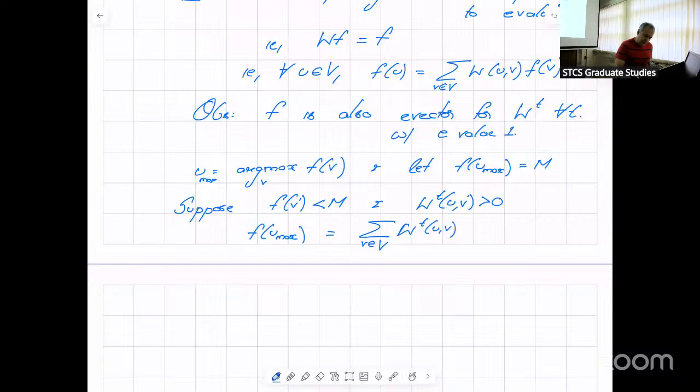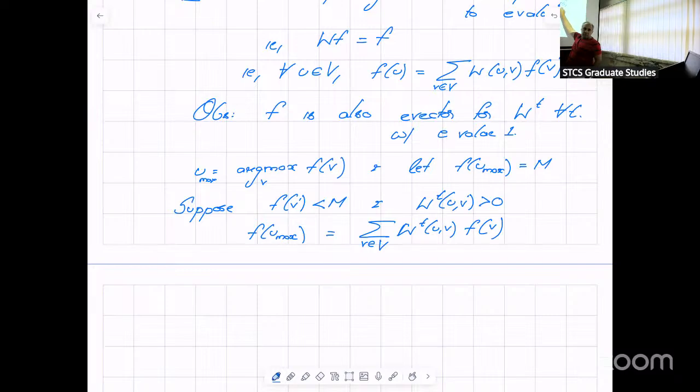W^t(U,V) F(P). Do you see a contradiction somewhere going on here? V prime appears with a non-negative weight here. This is an averaging of these quantities.